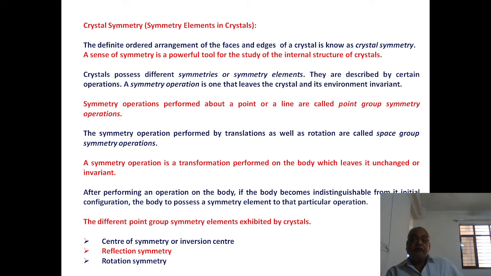Three different types of point group symmetry elements होते हैं, especially center of symmetry या inversion center, reflection symmetry and rotation symmetry.